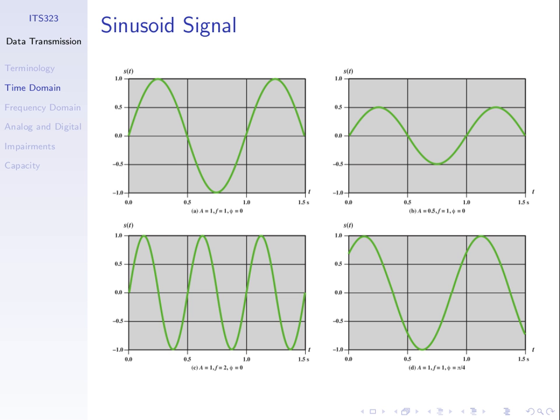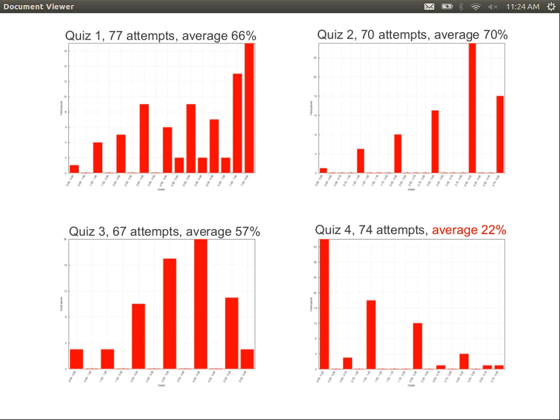And this is the histogram of the results for the first 4 quizzes. You can't see the values, but on the left of the plot is the 0 marks. On the right is the full marks. So in quiz 1, most people got high marks.